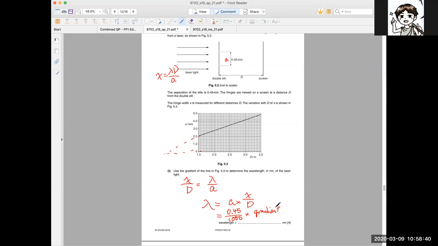Have you finished? Find the wavelength. It's so hard to find 2 points.